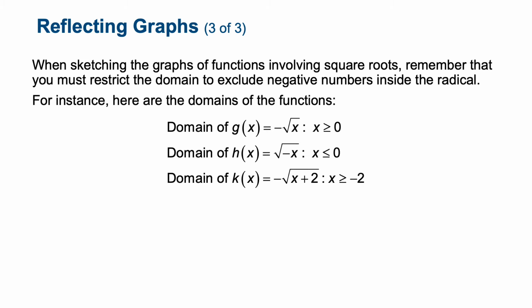Well, in this case, x has to consist of all the non-positives, right? Or the negative numbers including 0. Because a negative times a negative will make it positive, therefore making it okay to square root. Okay, and then finally here, x plus 2 itself has to be greater than or equal to 0. So if you solve that inequality for x, you see that x has to be greater than or equal to negative 2. This negative outside does nothing. We just care about what's underneath the radical.